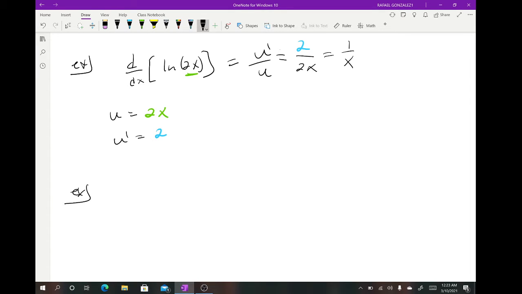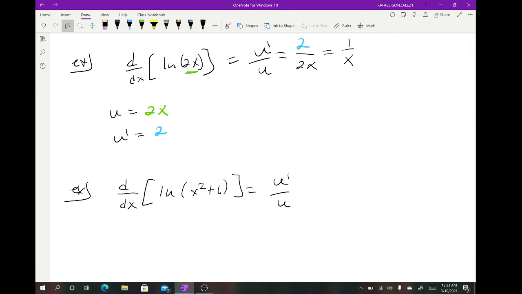This is a pretty straightforward problem. Let's do another one. Let's say somebody asks you to find the derivative of ln of x squared plus 1. Once again, this is the same thing as u prime over u. I typically don't think about it that way when I do the problems.